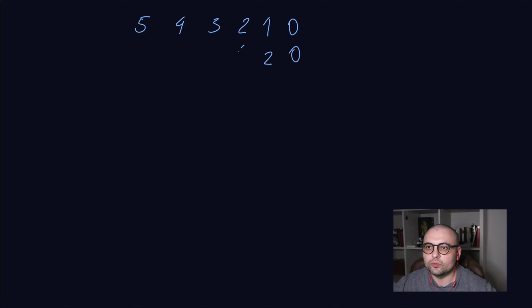This will be 2, 4, 8, 16, 32. 6 will be 64. So this one would be power of 4. This one would be power of 4. How about this one?